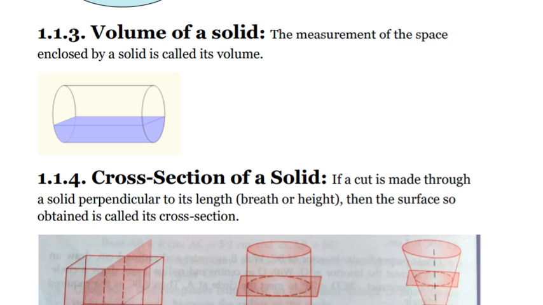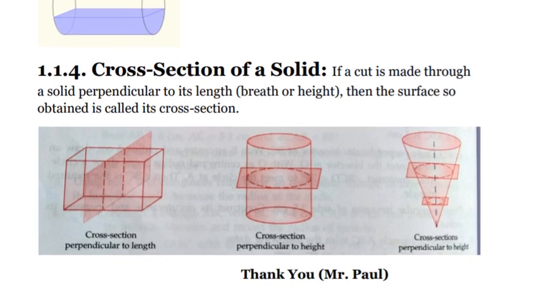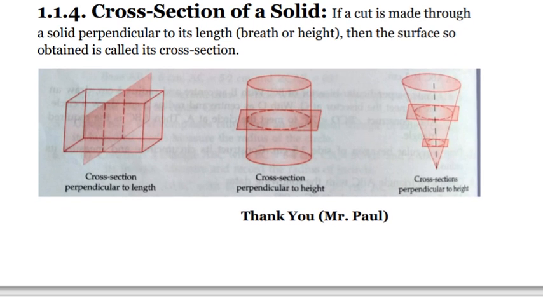Now, next one is the cross section of a solid. It is also very important. Cross section: if a cut is made through a solid perpendicular to its length, when you cut any 3D shape perpendicularly, then only you will get the cross section of that solid.